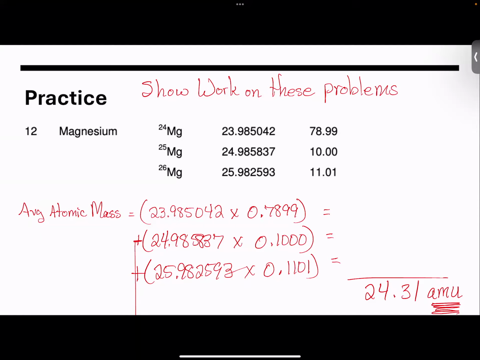Now, I do want to point out something. I actually want to point out three somethings related to your exam. Number one. When you are performing calculations, you should show your work.